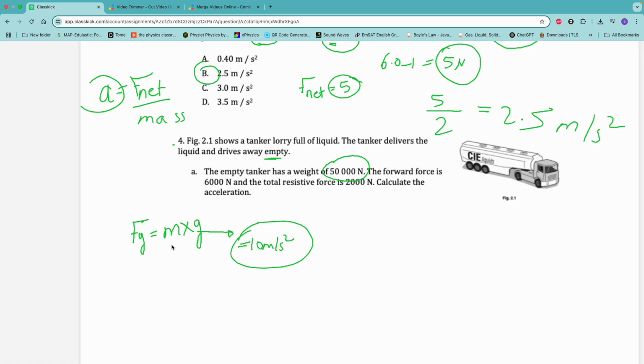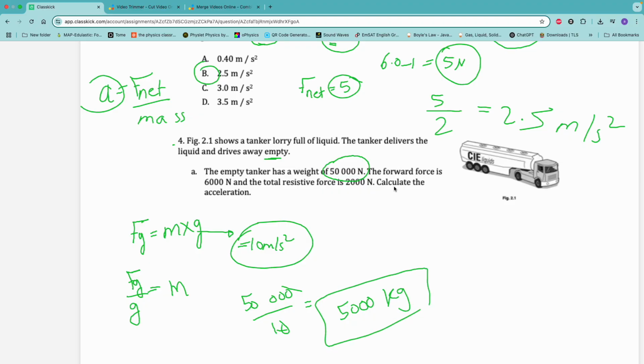So once we have this weight, it's easy to calculate mass. Our weight, 50,000 over g, which is 10, gives mass 5,000 kilogram.